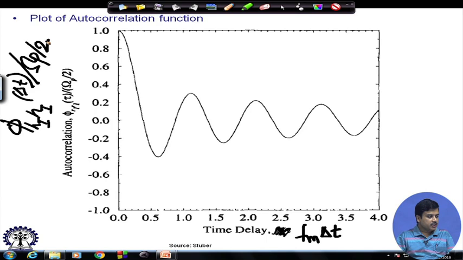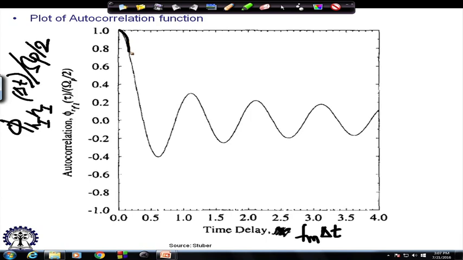This correlation function is decreasing from a peak value of 1 towards 0.